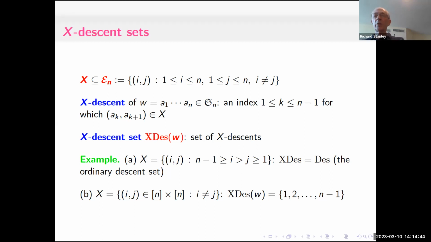I don't require i be less than j here; i could be greater than j also. If X consists of all possible pairs, i not equal to j, then every pair (i, j) is an X-descent, so the X-descent set of any permutation w is {1, up to n-1}.